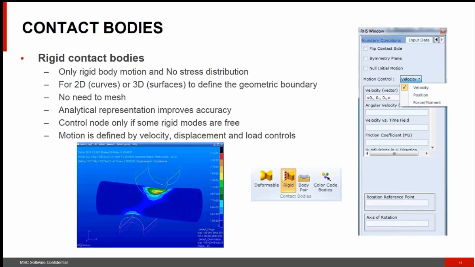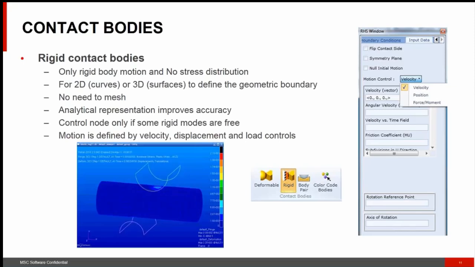In Patran, you can bring in a CAD geometry, or you can create the geometry and define it as a rigid body. Here I'm showing you how you can create it in Patran. There are several ways. One is to go under the rigid body form and do the create, or you can see here from the contact bodies group, you can just simply click on rigid.